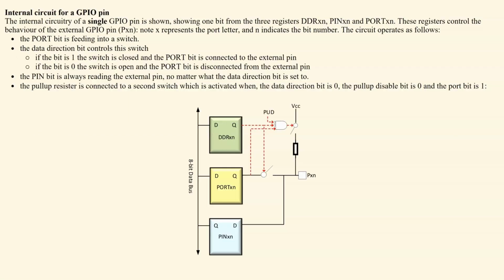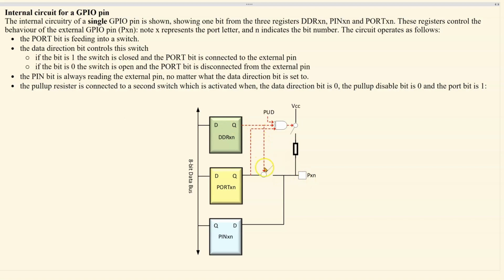We can see the internal circuitry of a single GPIO pin, showing 1 bit each of the 3 registers. Here we have the port bit feeding into the switch. The data direction register bit is used to control the switch. A 1 closes the switch, connecting the port to the external pin.